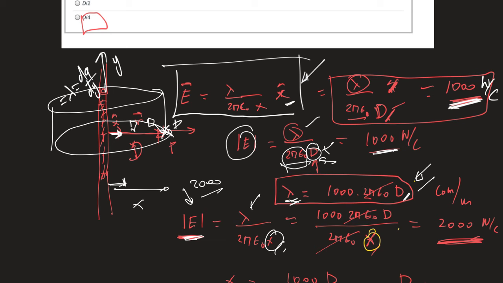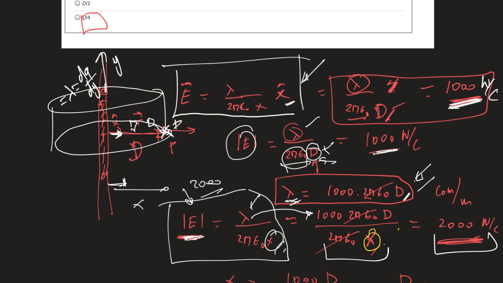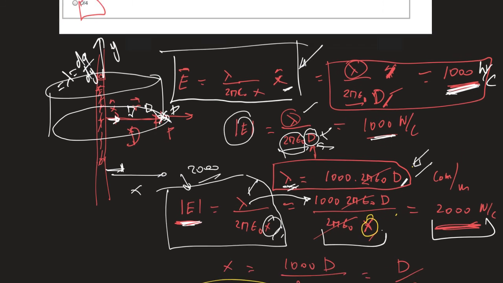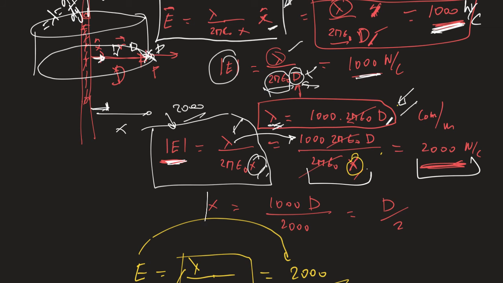So I will use the same expression for the electric field, plug in my lambda, plug in 2 pi epsilon 0, and set this to 2000. From this equation I will find x. So x will be d divided by 2.